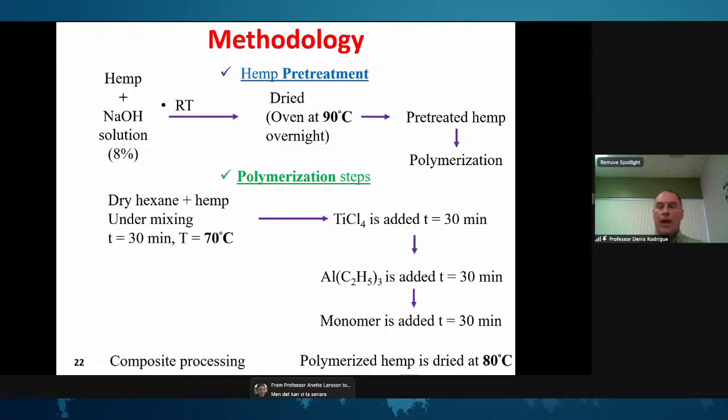And after that, you just add your monomer. So you bubble ethylene into your reactive system, and you get your polymerized polyethylene on top of the hemp or the fibers. Then you dry the material and you're ready to do some composite processing in general.